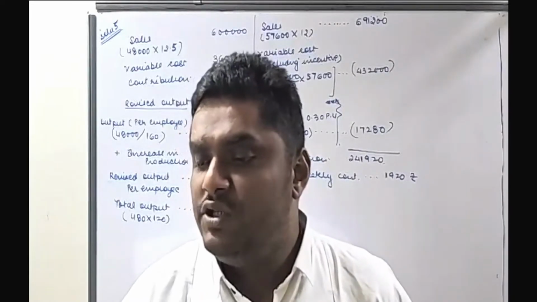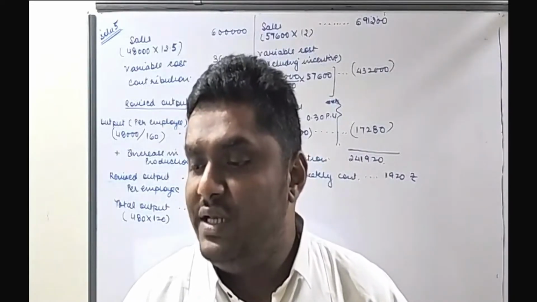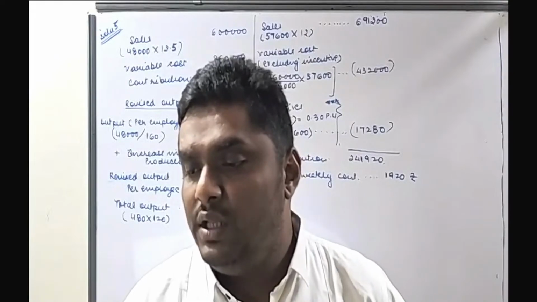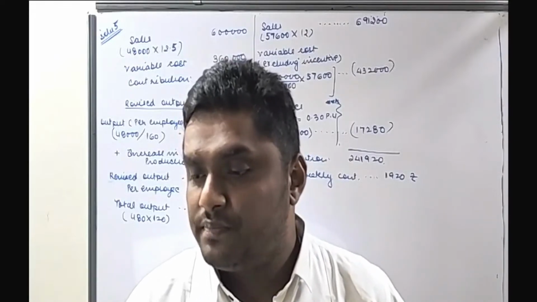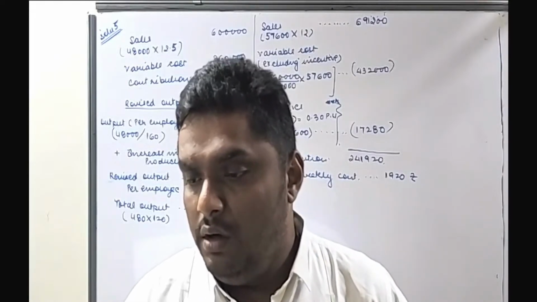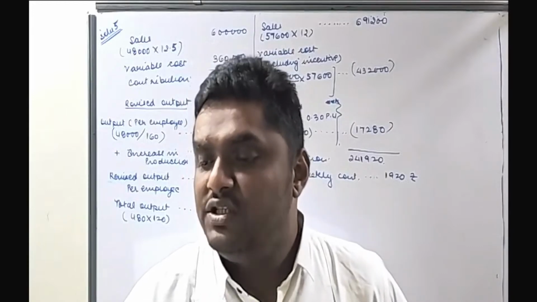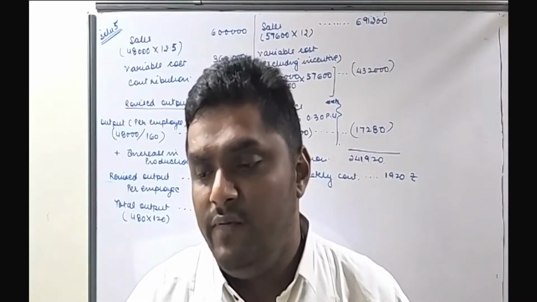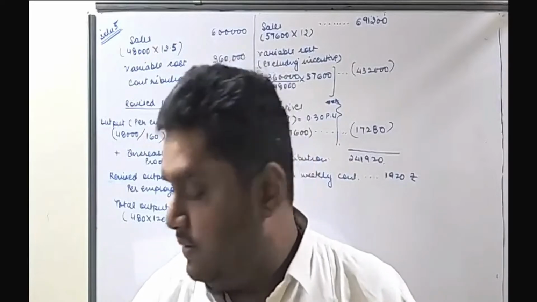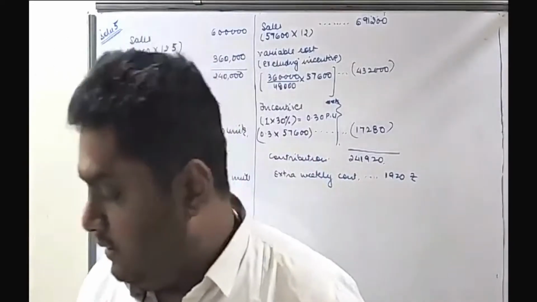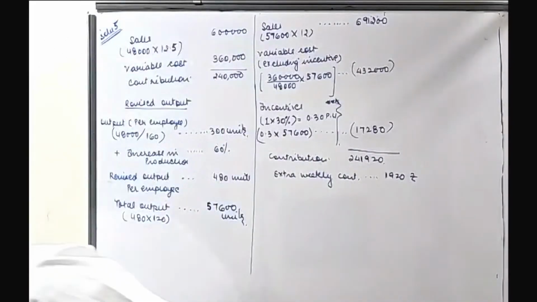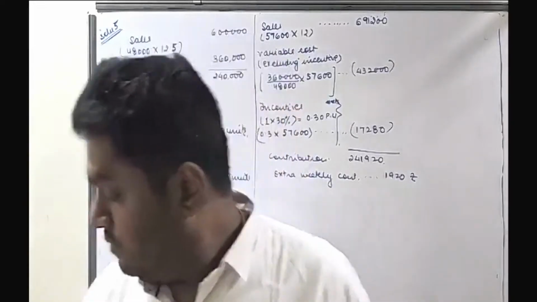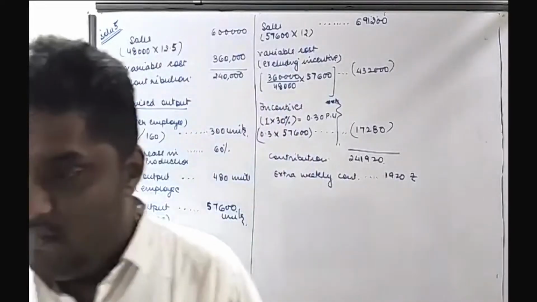Now, express your opinion along with the calculation as to whether the plant should be shut down during the quarter or not, and further we have to calculate the shutdown point for the quarter in units of the products, that is in terms of number of units. So let's start. It's a good question.